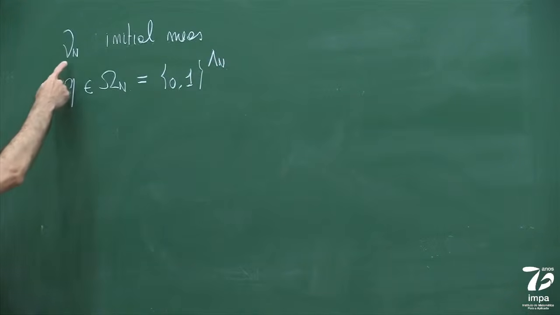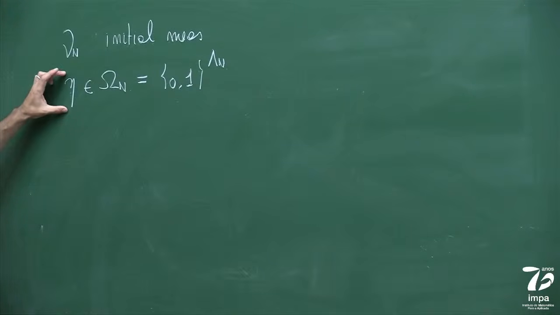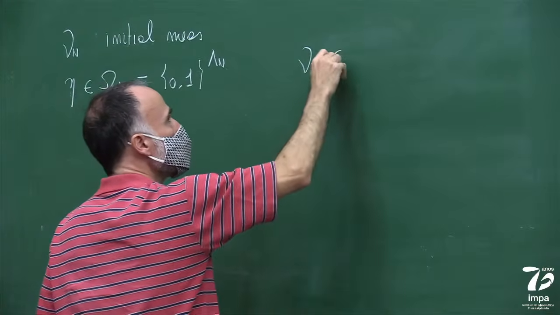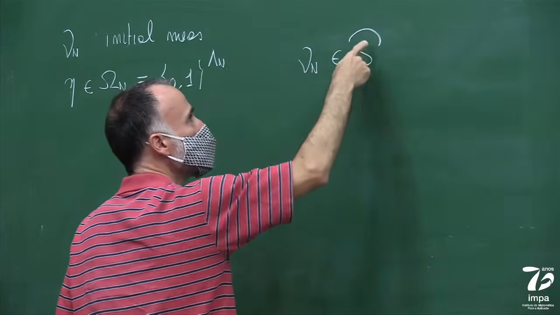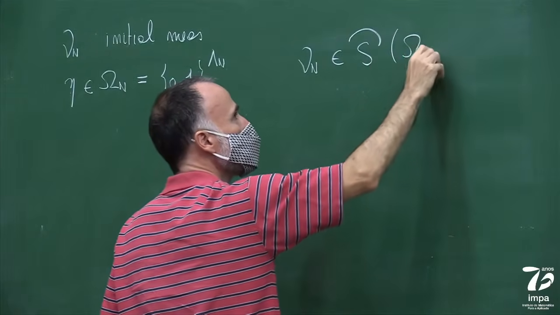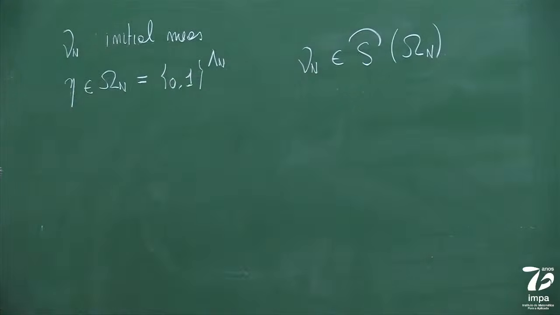And now nu is a measure over the configurations. So nu n is an element of, let me represent by P, the set of probability measures over my space omega n. Okay. So this is the initial distribution. It's how I distributed particles.